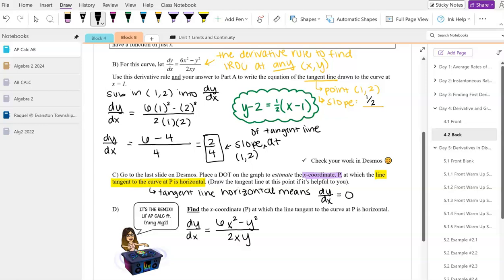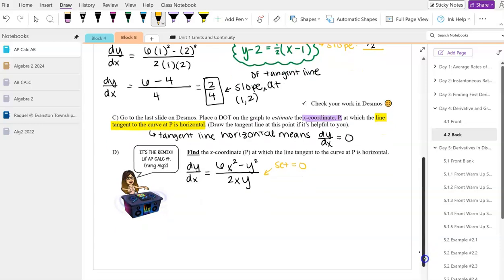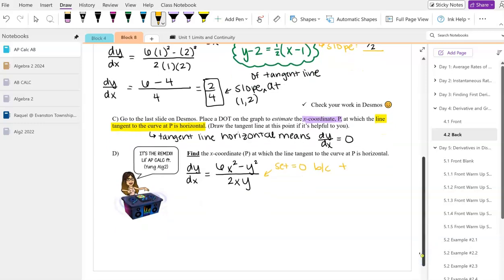So what we do is we're going to set that equation equal to 0. So let's write that down. Set equal to 0, because the tangent line is horizontal. So I have 0 equals (6x squared minus y squared) all over 2xy.